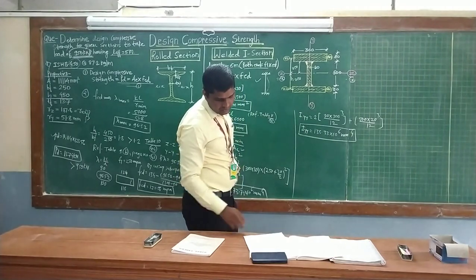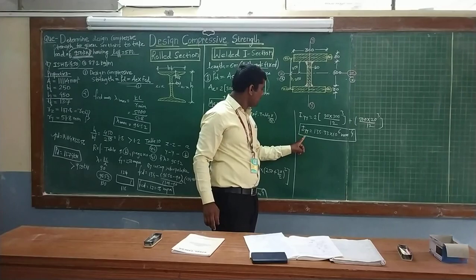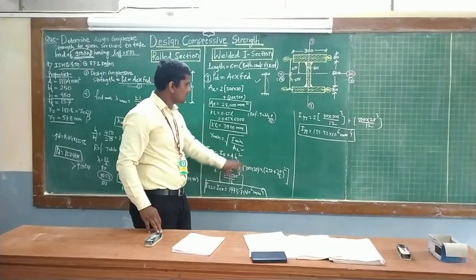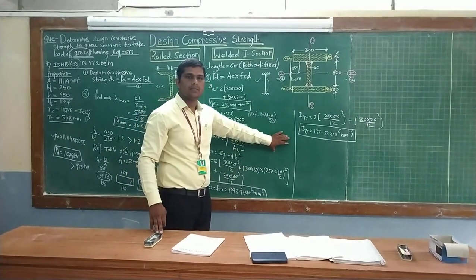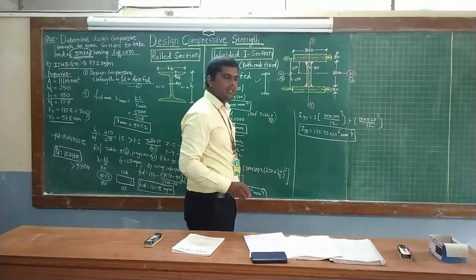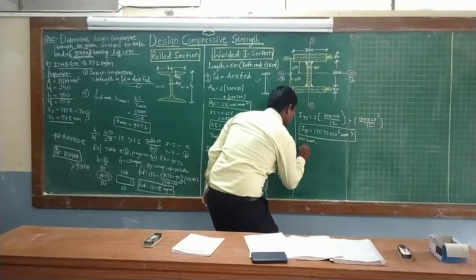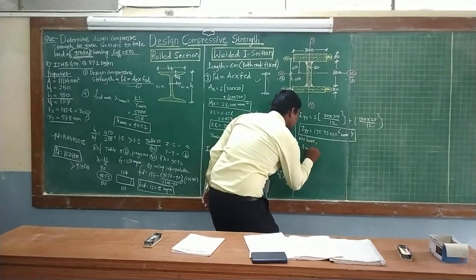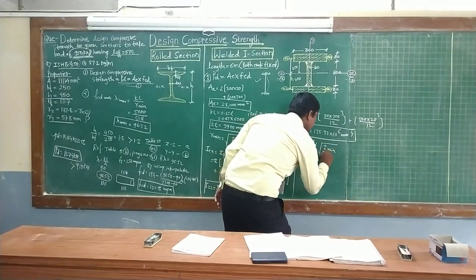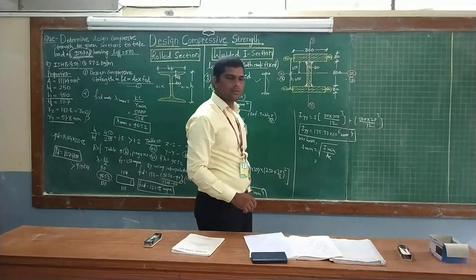So out of both moments of inertia, about y axis and about z and x axis, whichever value is minimum, that we are going to take into the equation. So we have r minimum is equal to the square root of minimum moment of inertia divided by the effective cross sectional area.